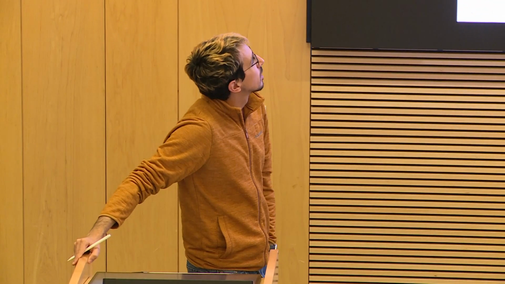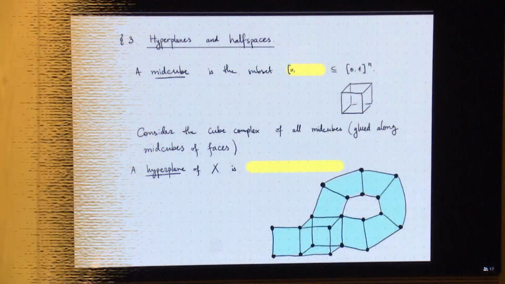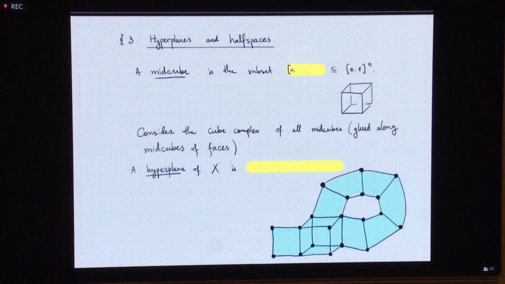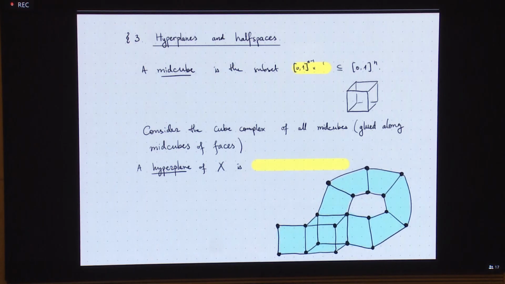Okay, so why CAT(0) cube complexes? The reason is that they come with this extra structure that's captured by something called hyperplanes and half spaces. For this we need another definition. A mid-cube is the following subset of the Euclidean cube: [0,1]^(n-1) times 1/2.